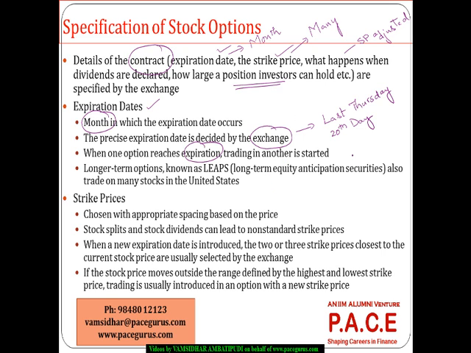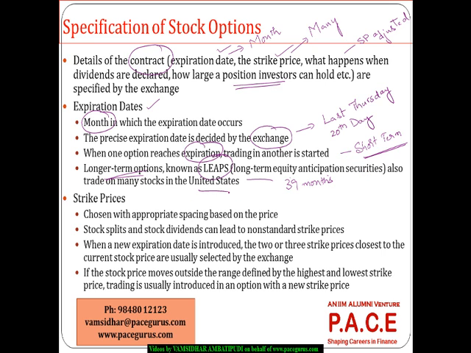Most of the time you find the options very short term: 1 month, 2 months, 3 months, very short term. 9 months is slightly possible, but the longer term options are typically called LEAPS, on average around 39 months, which stands for long term equity anticipation securities.